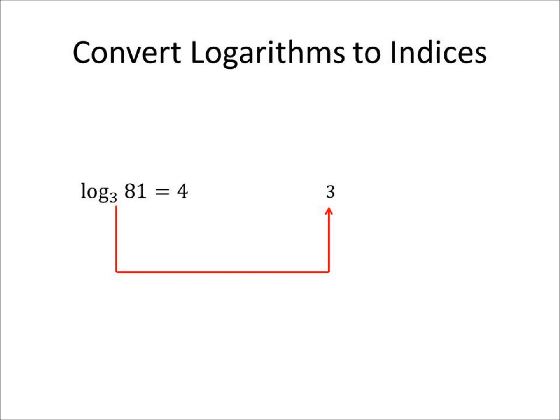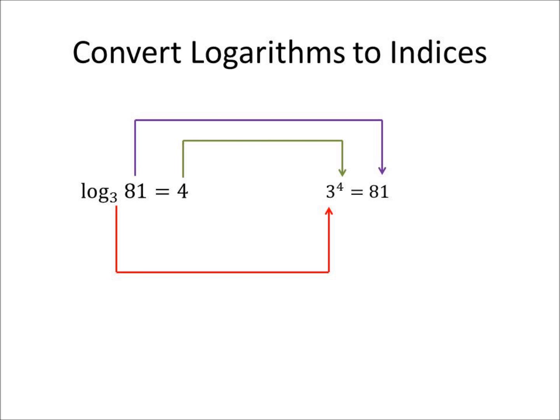So we will tackle the right first. The base 3 will bring up, and the next one will go over to the right. Sorry, just now will be the left. So we go over to the right, it will be 4, and the 4 now becomes the power. Next, we have 81, and 81 will be the answer on the opposite side.